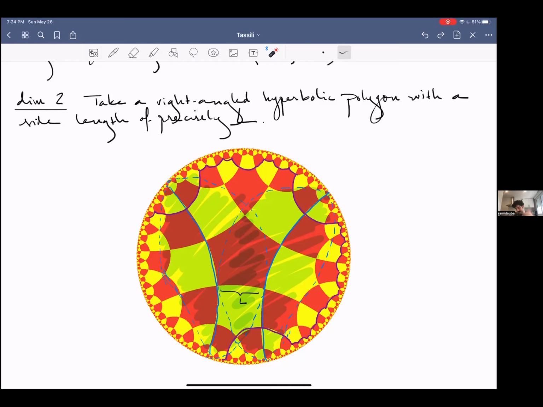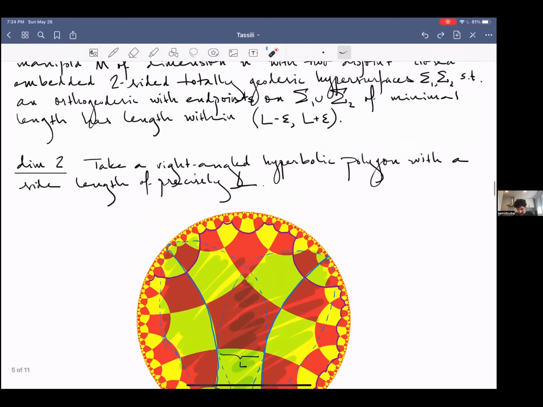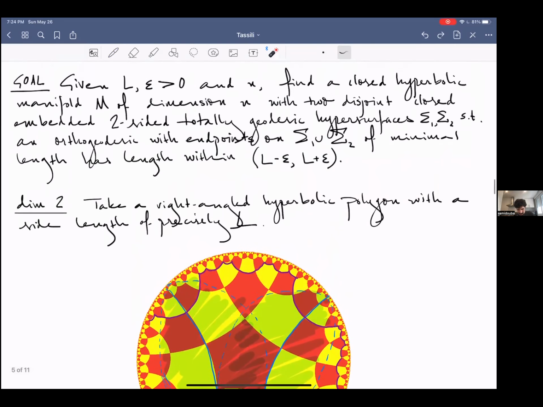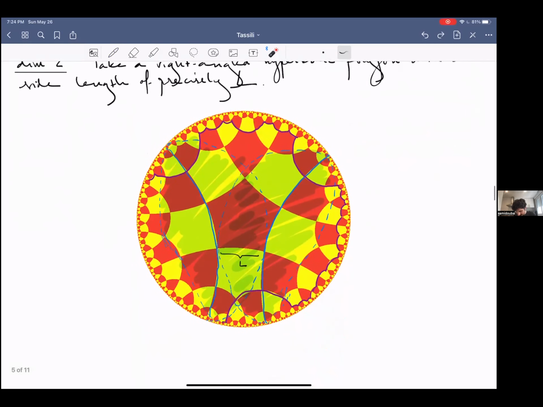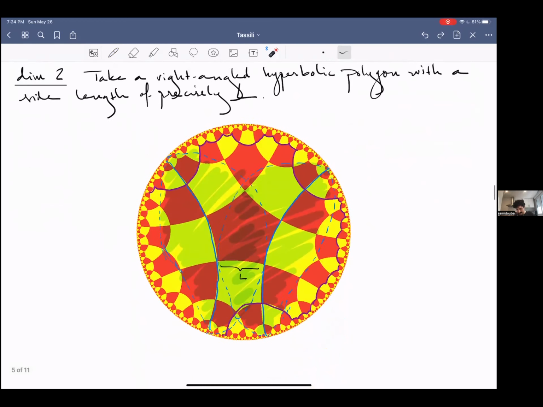And now if I take the quotient of this new polygon, I mean the reflection group, the group generated by the reflections in the sides of this new polygon, it will be an orbifold with this property here. In fact, epsilon doesn't appear here, so it will give me a hyperbolic surface of systole precisely L. There were other ways I could do this, more conceptual ways.